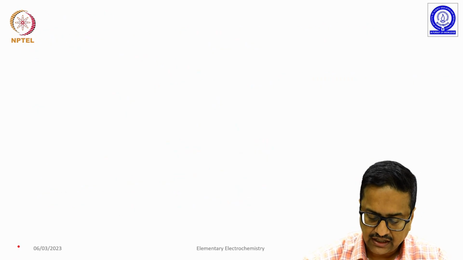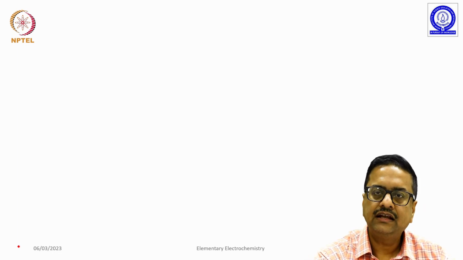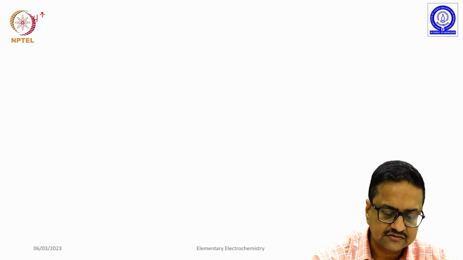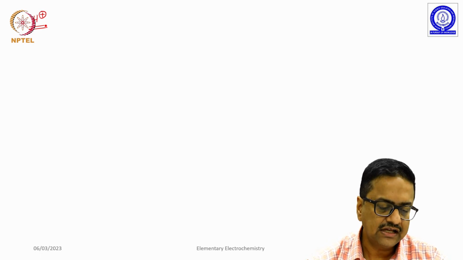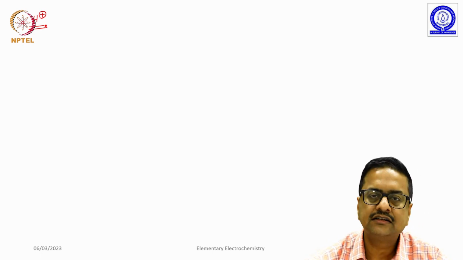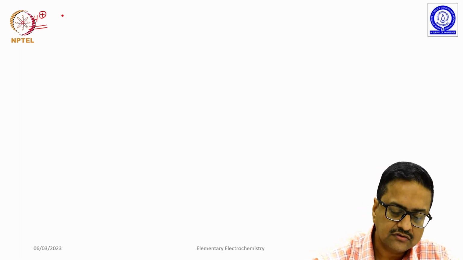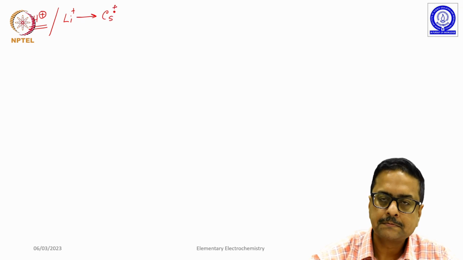So, when we have this scenario, we at the moment keep the H plus ion aside because that has an abnormally high value. So, there must be a particular different reason for that high value. Let us first discuss the case of Li plus to Cs plus.